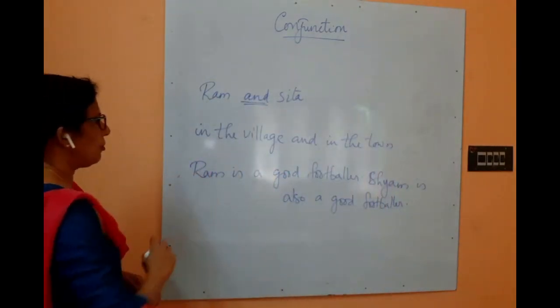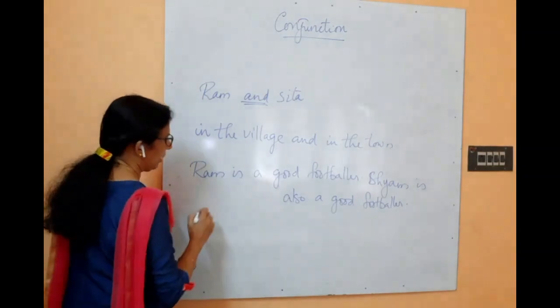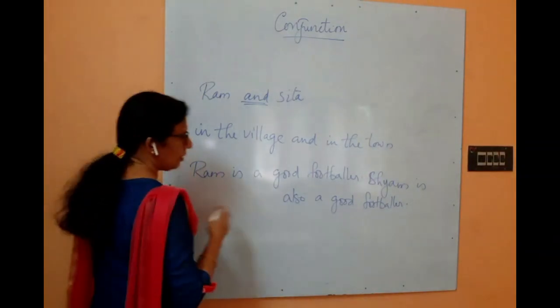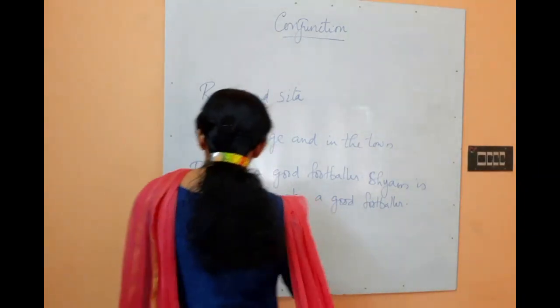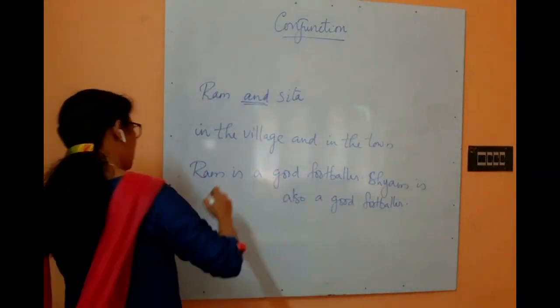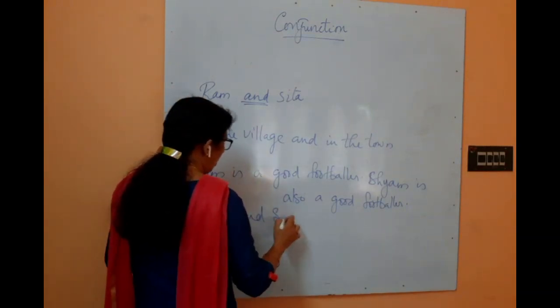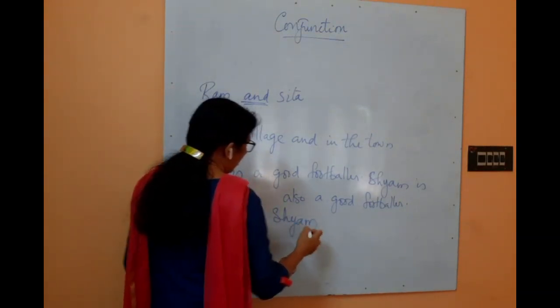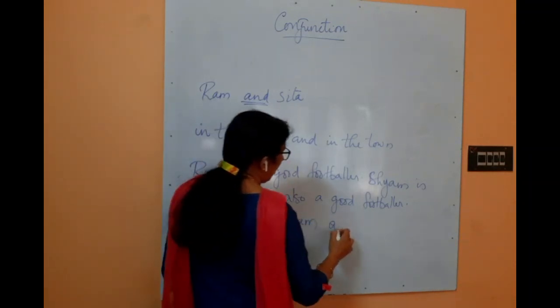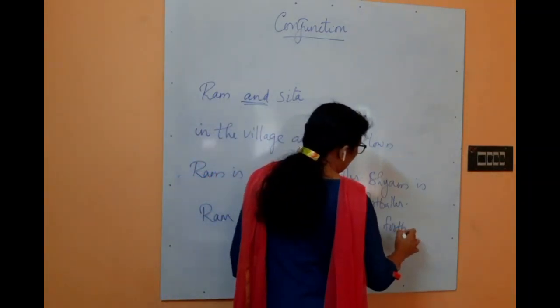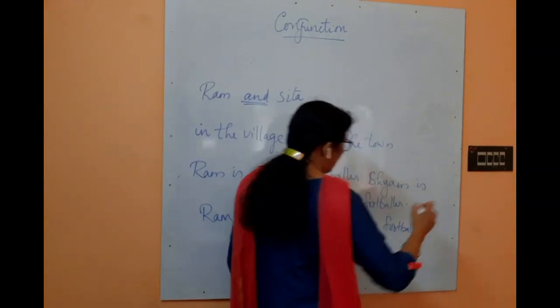Ram is a good footballer. Shyam is also a good footballer. Here we can combine the sentences by using Ram and Shyam. Two subjects are joined, so it will be: are good footballers, that means good football players.